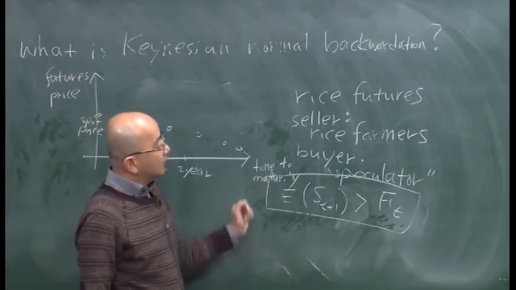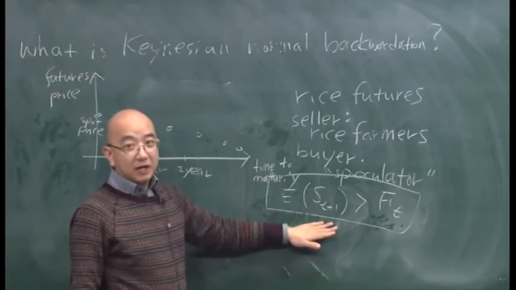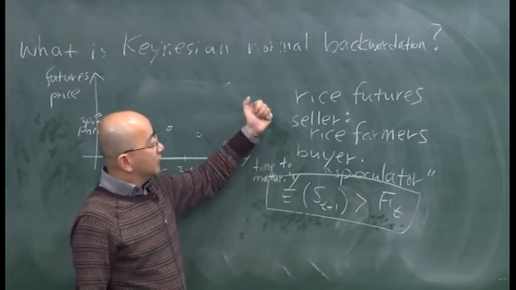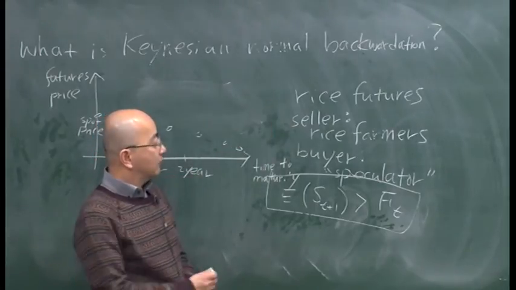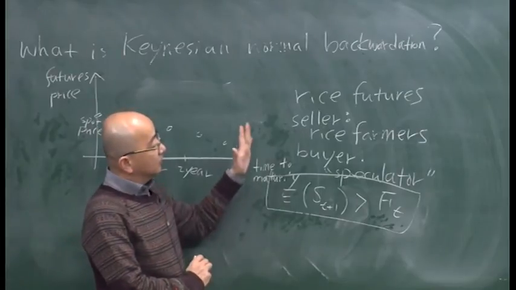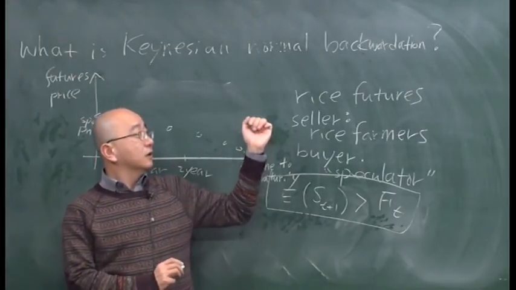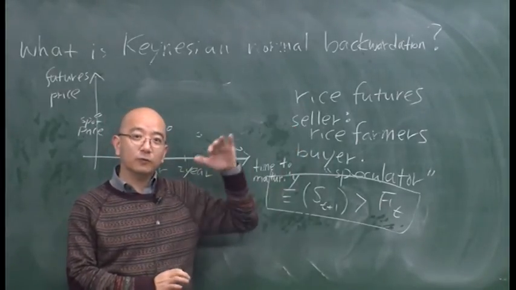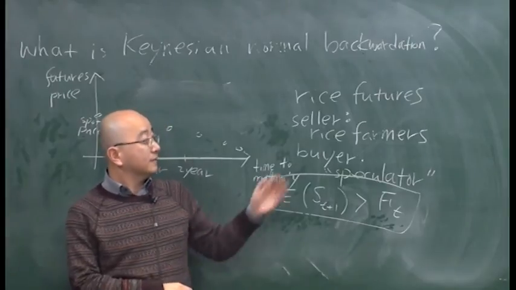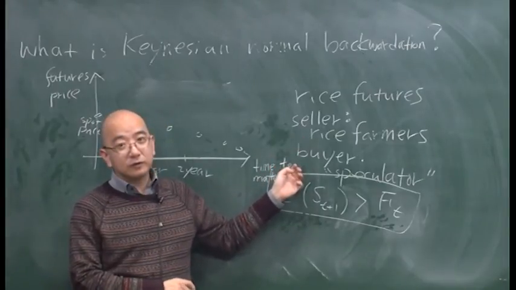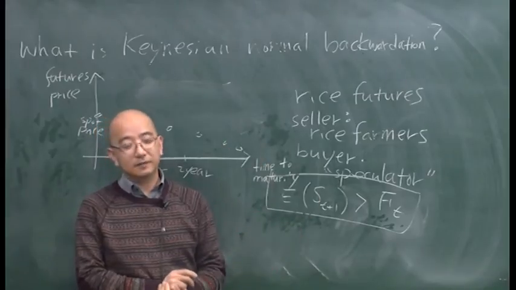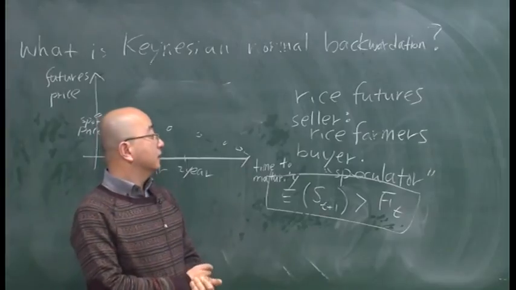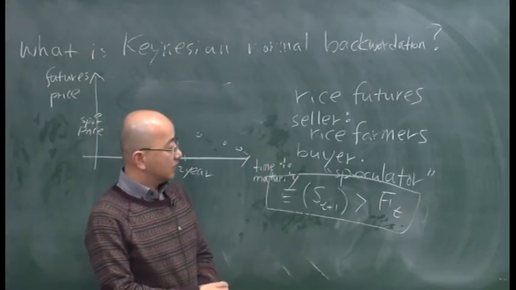Of course, in the Keynesian story, this is possible because sellers participate in the market not after profit, they only want to buy insurance. So this makes sense only if the hedgers who want to buy insurance are on one side of the market. If some of the buyers also want to buy insurance, perhaps if the buyer is a manufacturer who needs to buy a lot of rice, this manufacturer will be on the buying side.